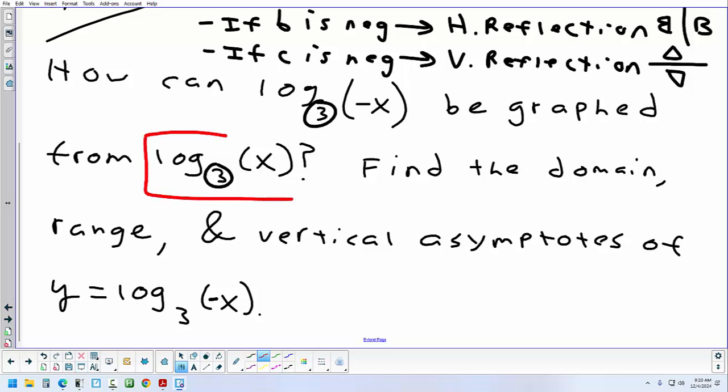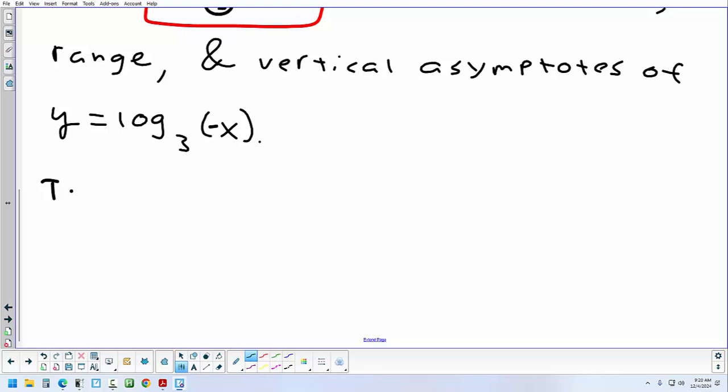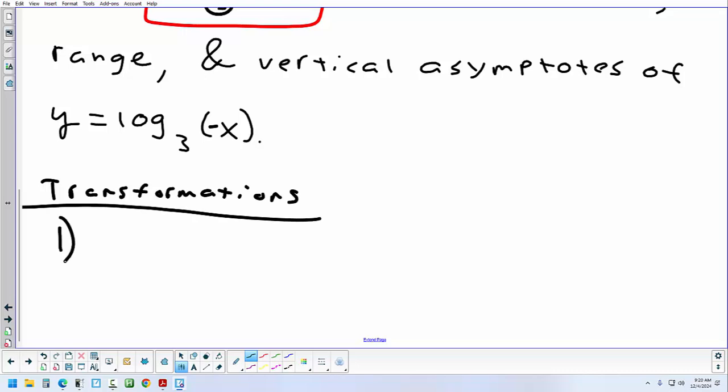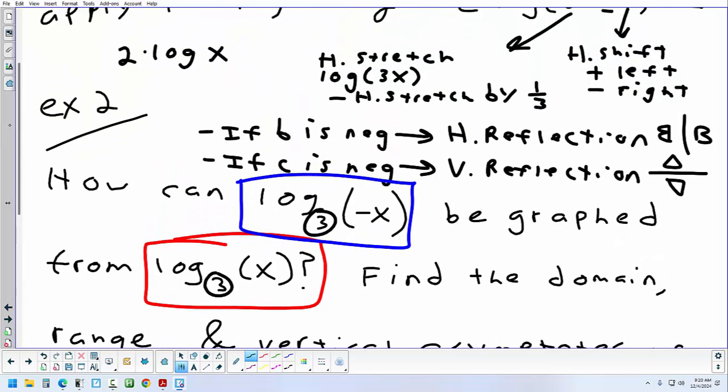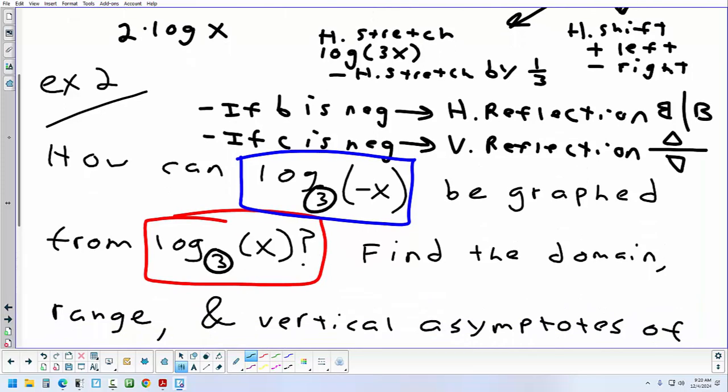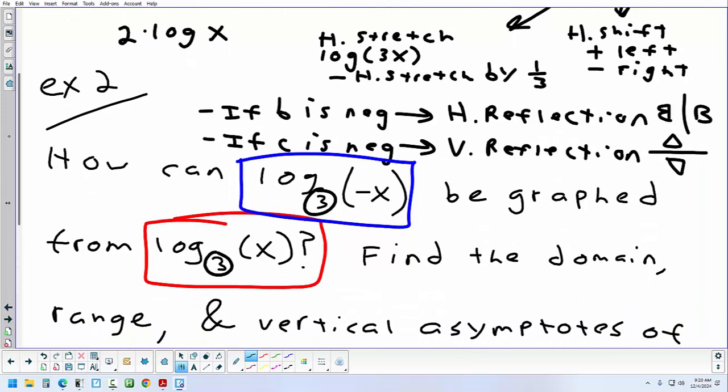First, how many transformations would it take to turn what's in the red box into what's in the blue box? One. It's just one. What is the only transformation that you would need to do there?